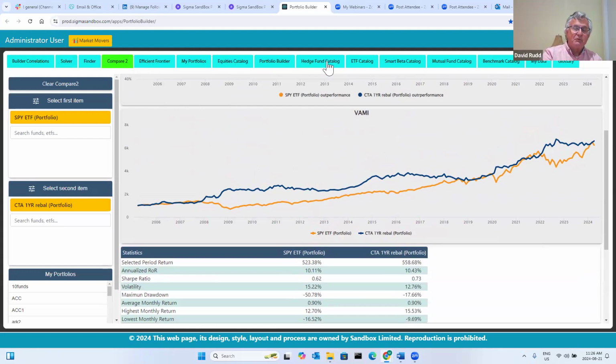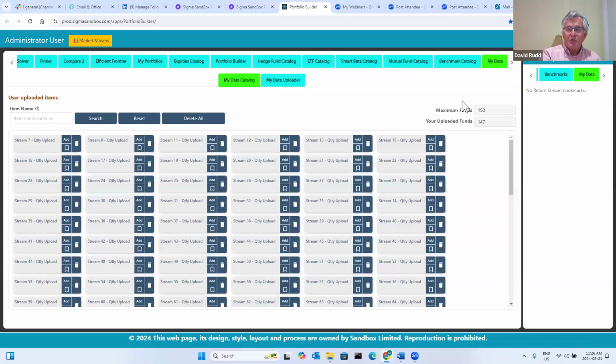The data we cover is equities, hedge funds, Nordic Hedge has supplied their information on 2,500 hedge funds, Canada and US ETFs, Smart Beta from QMIT out of New York, US and Canadian mutual funds, and a lot of interesting benchmarks. You can also load your own data here, both quarterly and monthly. If you load quarterly, we decompound it into a monthly return for analysis.